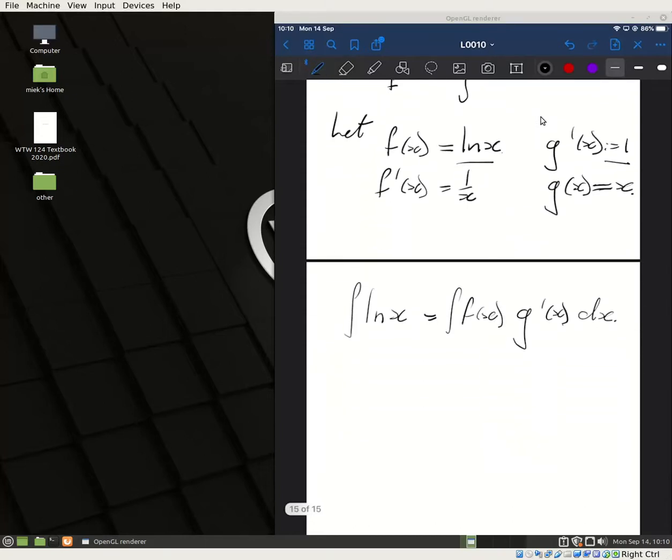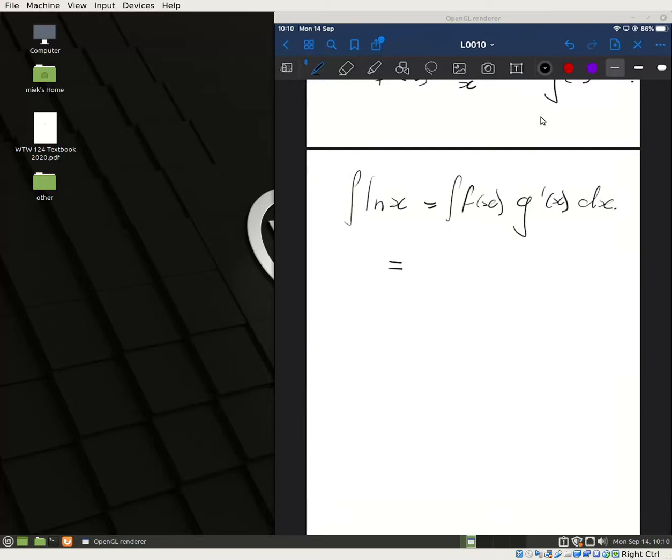Good. Okay, now we apply integration by parts. This is equal to f of x g of x minus the integral of f prime of x g of x dx.